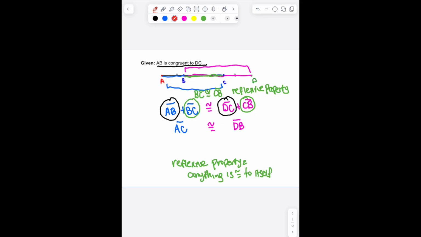And then our addition works, and AB plus BC gives us AC. DC plus CB gives us DB. So we're just replacing the addition with what it actually gives us, and we're just replacing this addition with what it actually gives us. And that is substitution. When you replace something with something else that's equivalent or means the same thing.